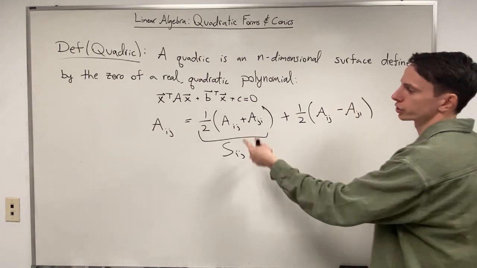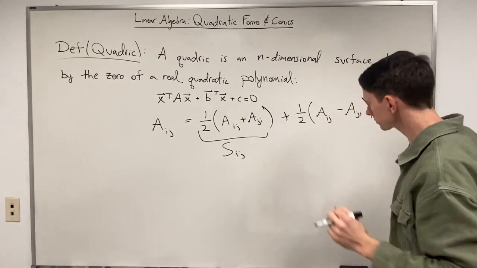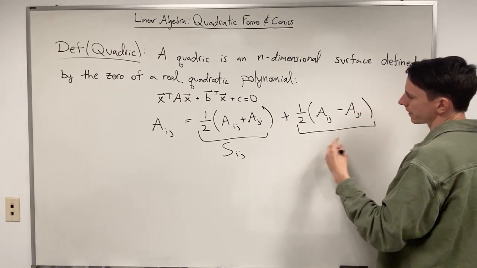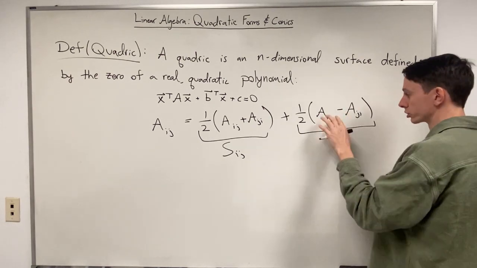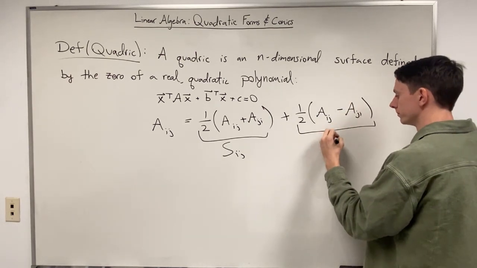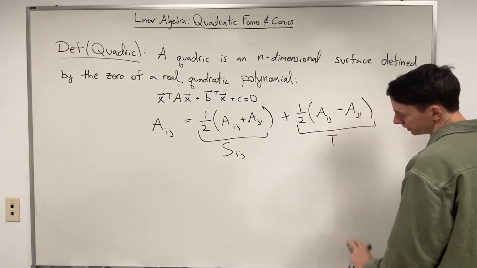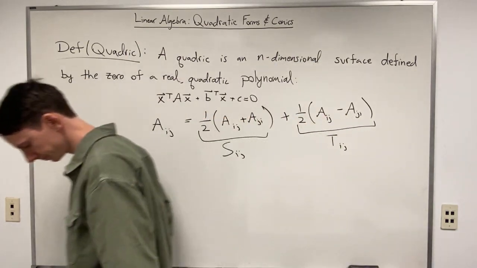This is the symmetric component of this decomposition. Then for this term right here, if I were to compose a matrix with elements that look just like this, maybe I called it, I don't know, Tij, then the matrix T would be purely anti-symmetric.